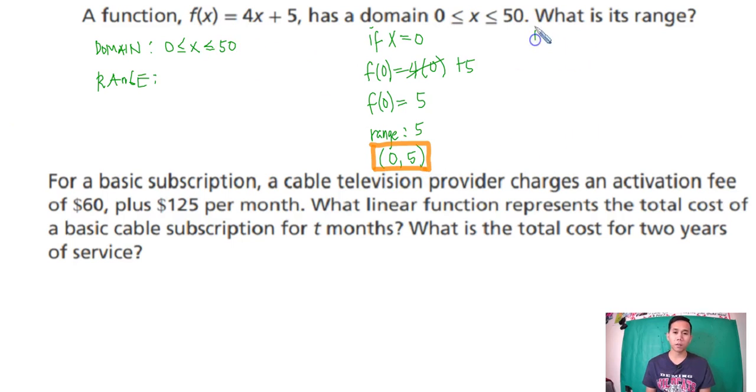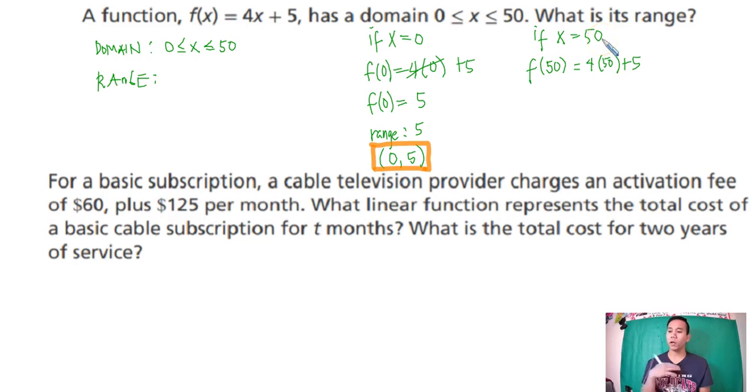If x is equal to 50, so what will happen? So I have f of 50, sorry about my writing there. So f of 50 is equal to 4 times 50 plus 5.